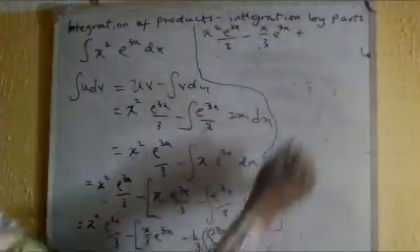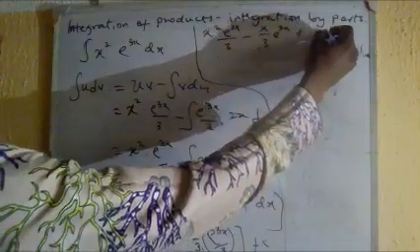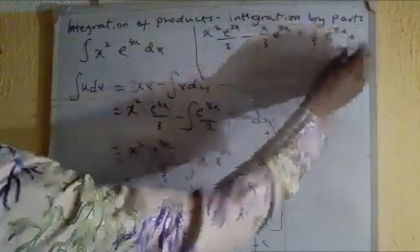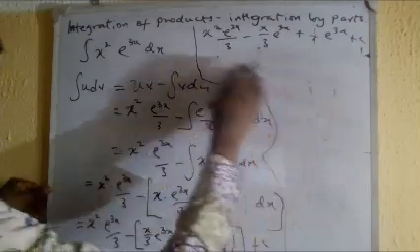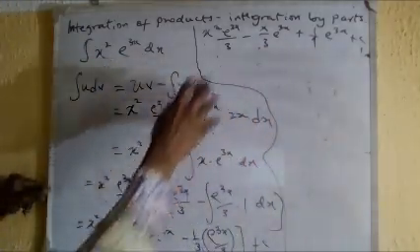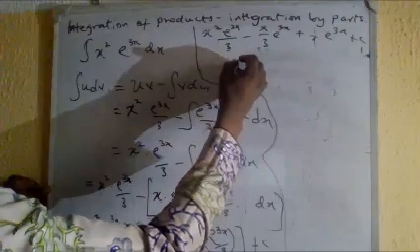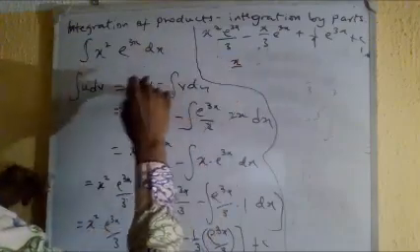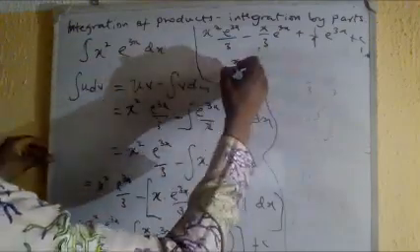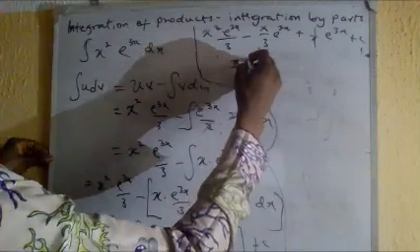So what is common in all this? X over 3 is common, then I have x into e.